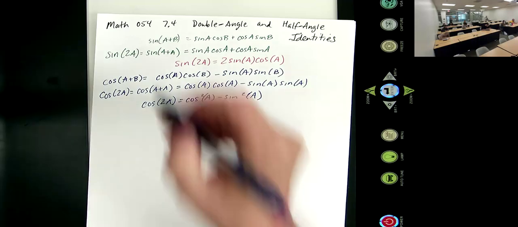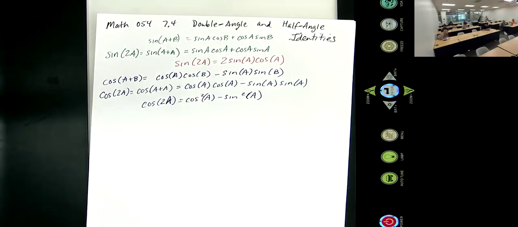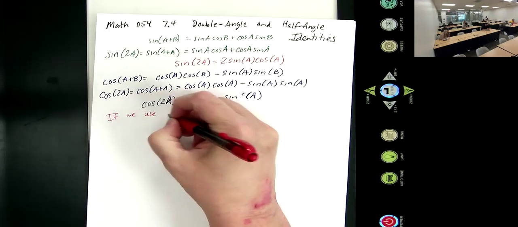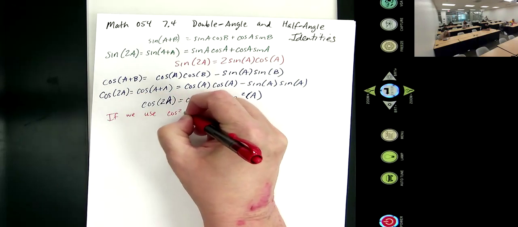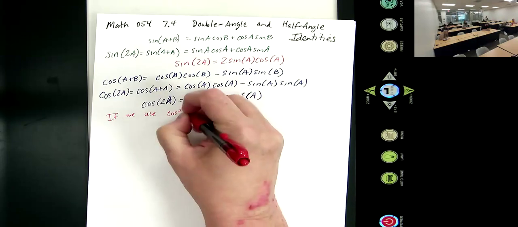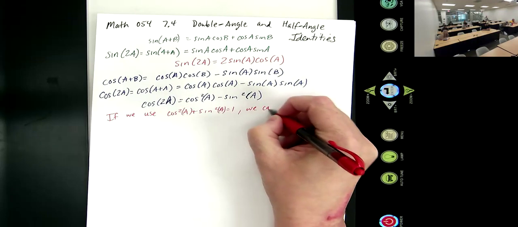This one has two other variants to it. We have a formula that has cosine squared or sine squared in it, right? So if we use cosine squared a plus sine squared a equals 1, we can come up with two variants of this.